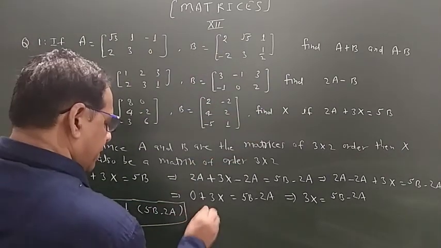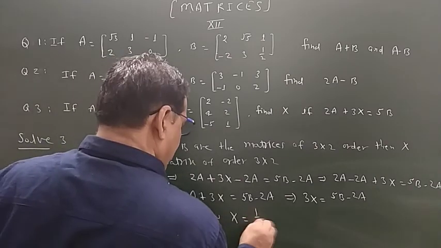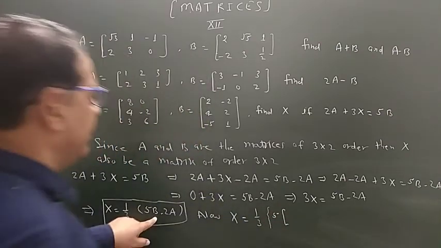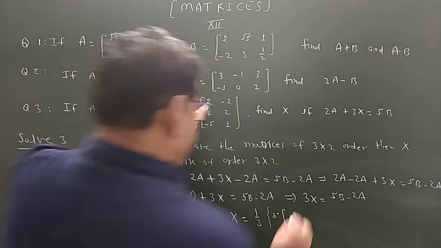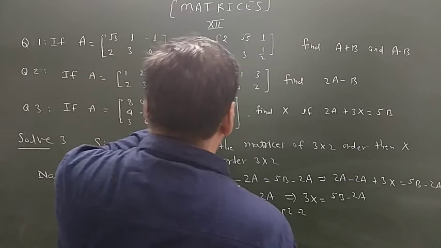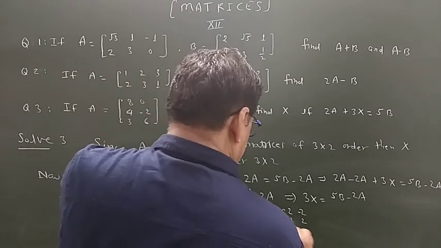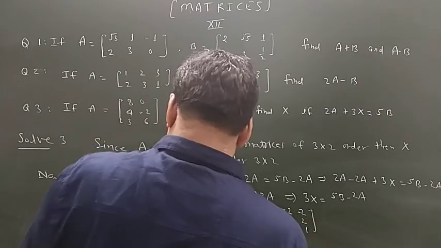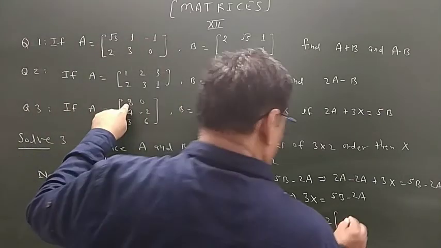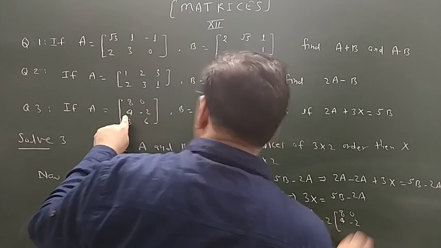Now X equals 1 upon 3 times 5 times the matrix B. The matrix B is [2, minus 2; 4, 2; minus 5, 1], minus 2 times the matrix A, which is [8, 0; 4, minus 2; 3, 6].